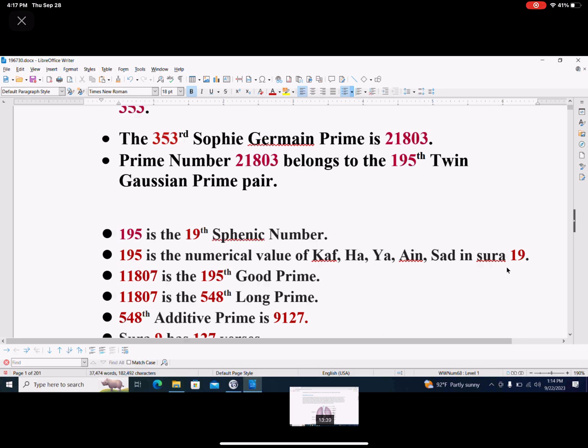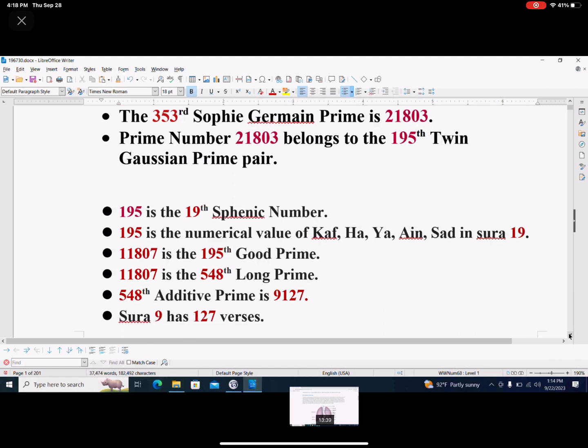And 42 times 19 is equal to 798, which is the number of initials in chapter 19. Okay? So it gives you this inherent why that coefficient of 19 in the case of the number of frequency of Kaf, Haya, Ain, Sad in chapter 19 was 42. This tells us why.